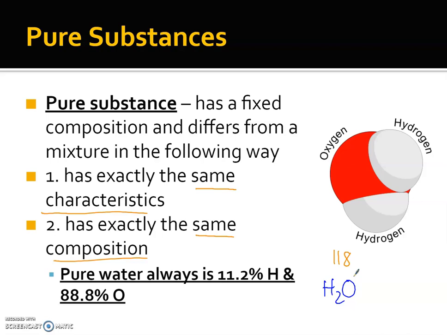All right, water will always be 11.2% hydrogen and 88.8% oxygen. Okay, that makes this substance water. You can also have H2O2. Well, that's hydrogen peroxide, and that is not going to be an 11.2% and 88.8% mixture. That's going to have a different percentage.